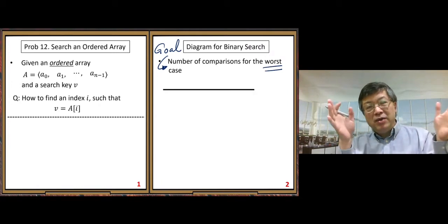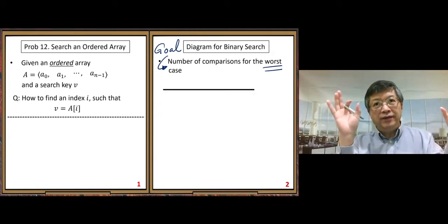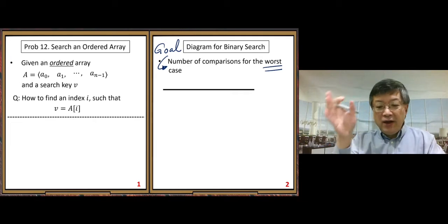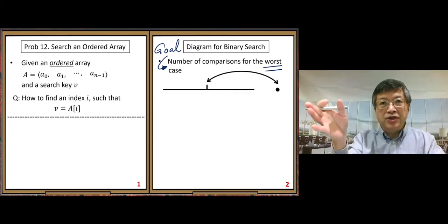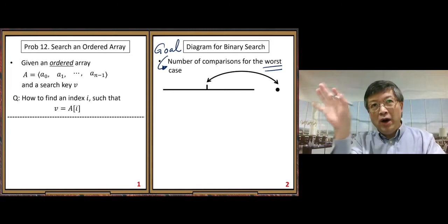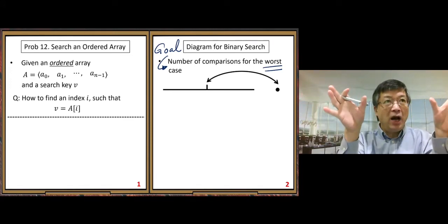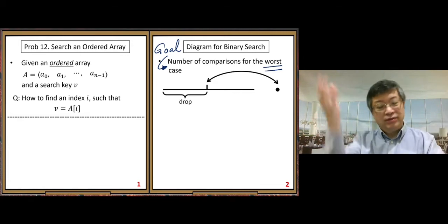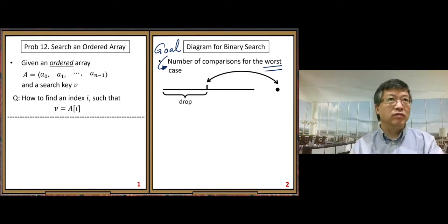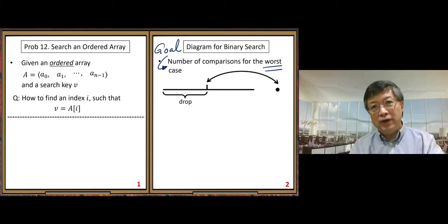So this line segment represents the whole array. Then, when we do the first comparison, we drop one of the two subarrays because they have the same size. So it doesn't matter which one we drop.